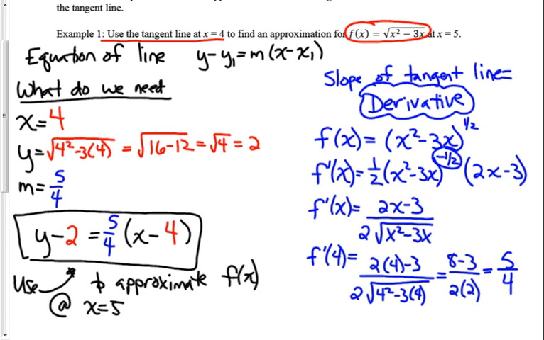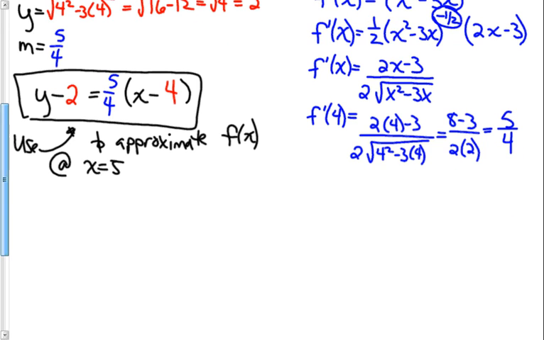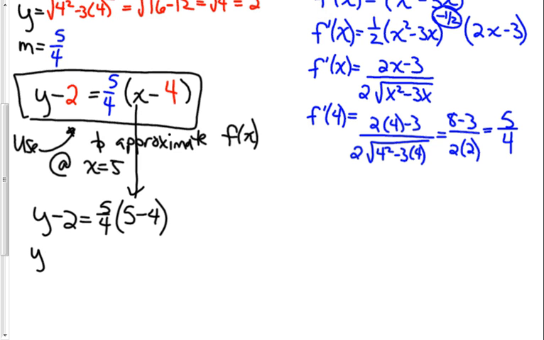So all I'm going to do is say, okay, y minus 2 is equal to 5 over 4 times 5 minus 4. I'm plugging in x is 5. So where my x value was, I'm plugging in a 5. So I'm going to have 5 over 4 times 1 plus 2.